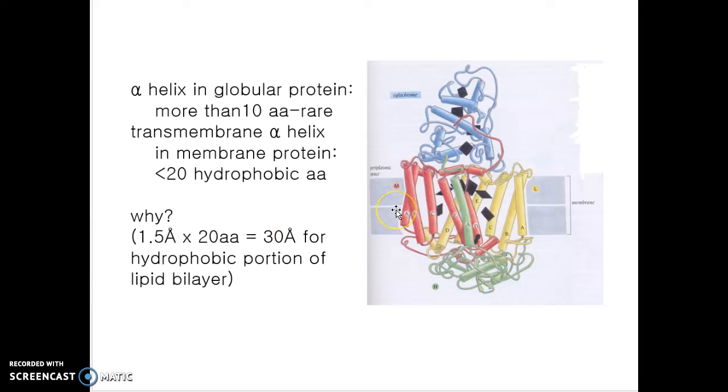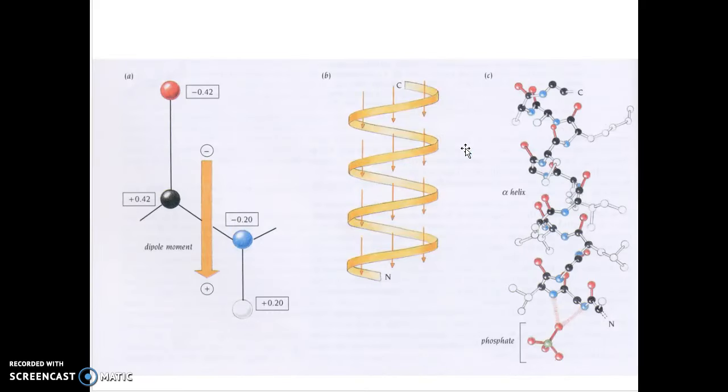To span this hydrophobic region, you need at least 20 amino acids with hydrophobic property in a row, because each residue spans only 1.5 angstrom. To cover 30 angstrom, you need 20 at least.